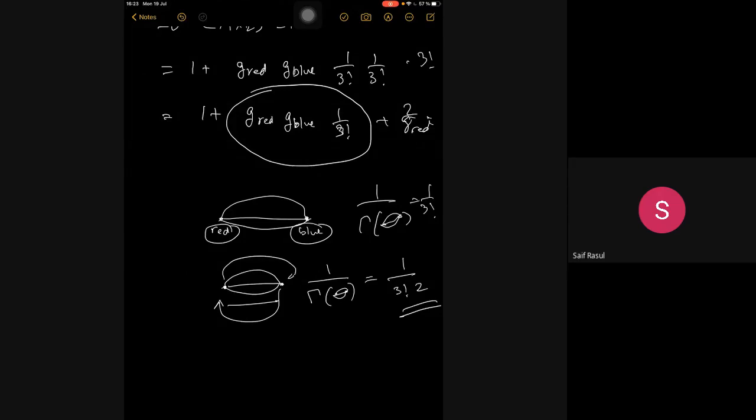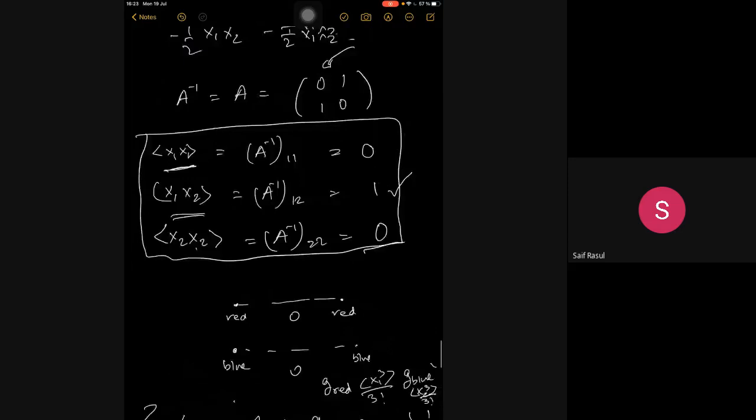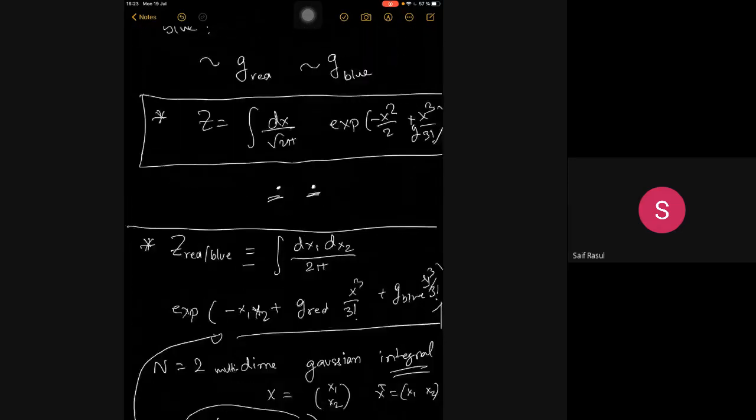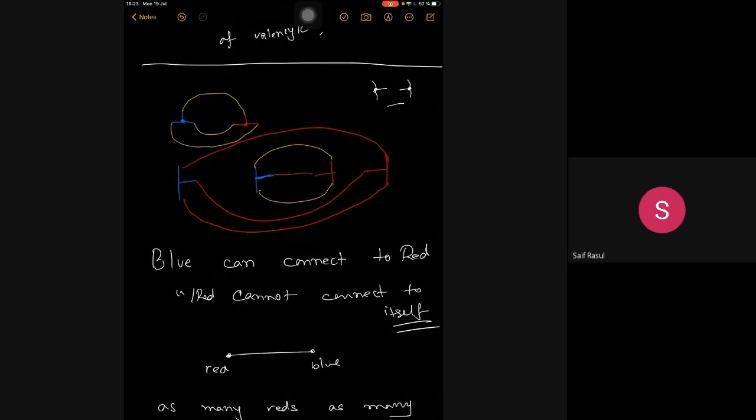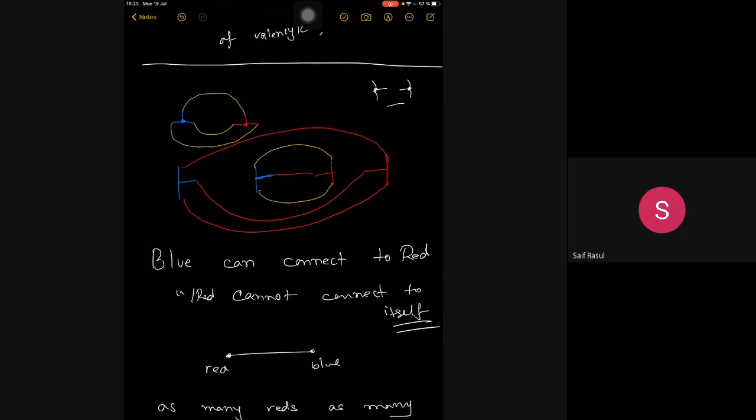Okay, so in this red-blue example, we tried to construct a graph with 2 different kinds of vertices, which we labeled blue and red, and blue can only connect to red.